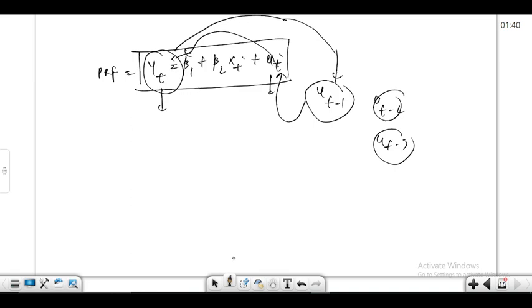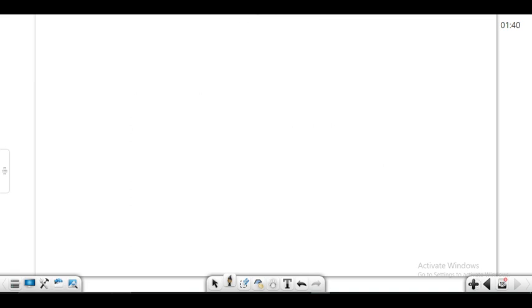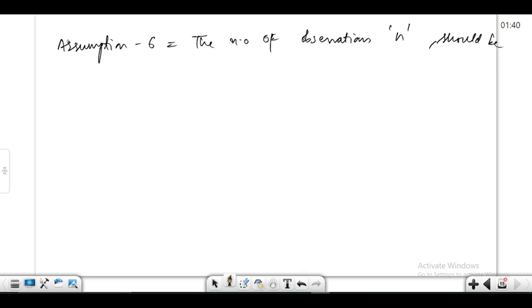So now we have the sixth assumption. It says that the number of observations n should be greater than the number of parameters to be estimated.